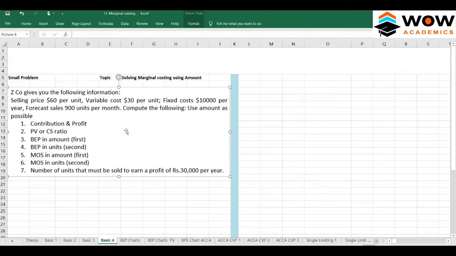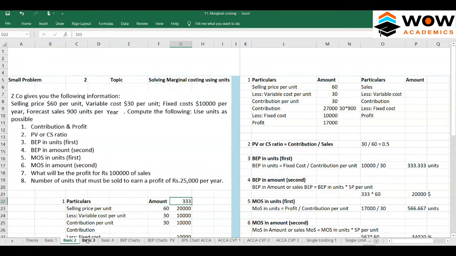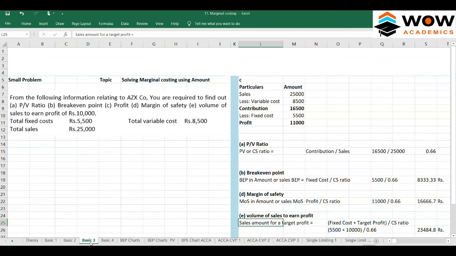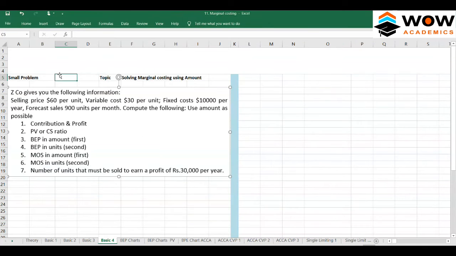Here we have a problem which is similar to the second one. The second problem and this problem are almost similar. The earlier one was our third problem, and now we are doing our fourth problem. So let's start with the question.